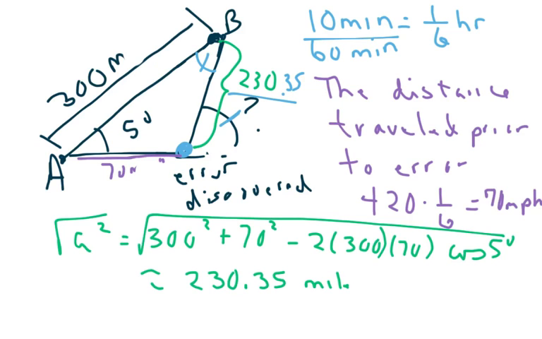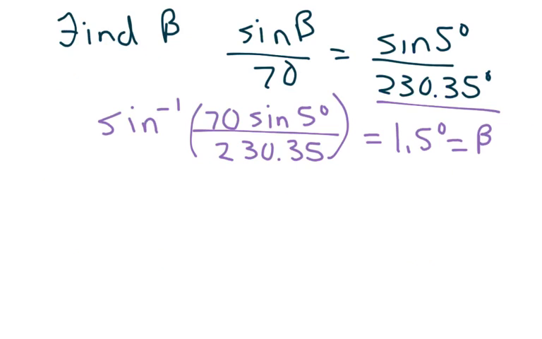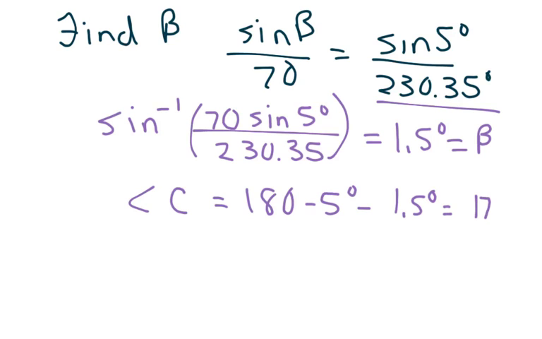Alright, so we have to find the angle to correct. What we're going to do is take angle C, which is going to equal 180 minus 5 degrees minus 1.5 degrees equals 173.5.